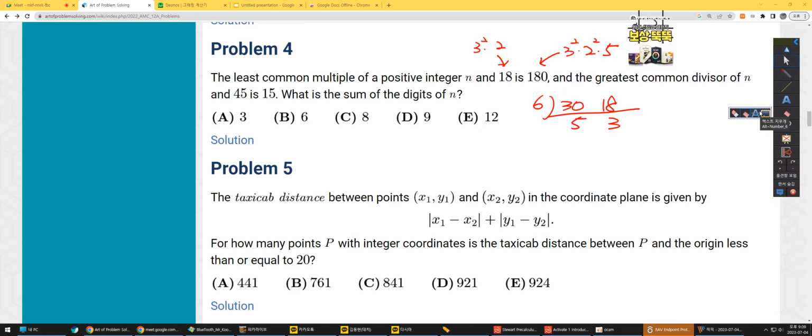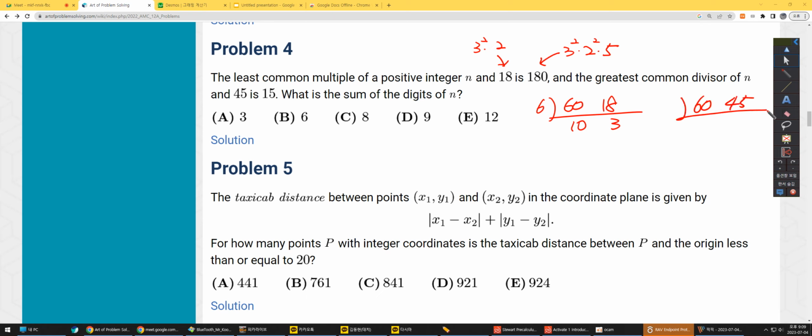The next candidate is 60. Now the LCM is 180, and 60 and 45, the GCF is 15. Yep, so 60. So what's the sum of the digits? B. Yep, number 6.